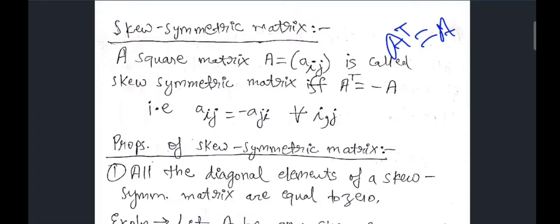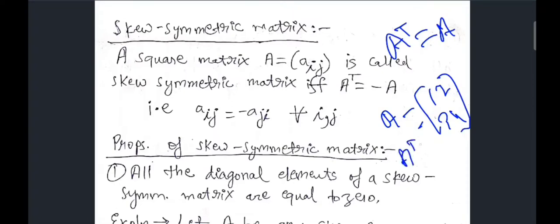Suppose I have the matrix 1 2 3 4, and for simplicity let us assume it is 2 cross 2. When I take its transpose, it will be 1 3 2 4.